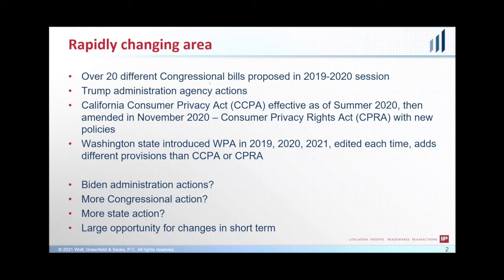There's been no federal government action by Congress. There's no universal law across the entirety of the US for data policy, data protection. There were over 20 different congressional bills proposed in the last session of Congress. We just started the new session this January, following the recent election. And so possibly there will be more proposals, but there's no current law in place.